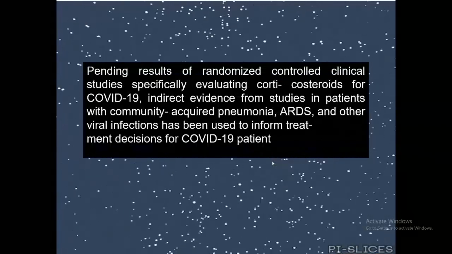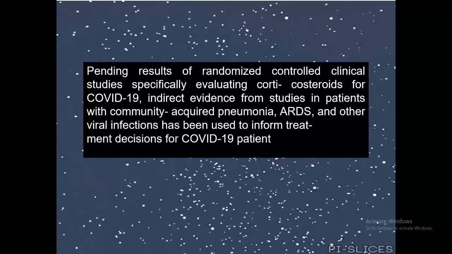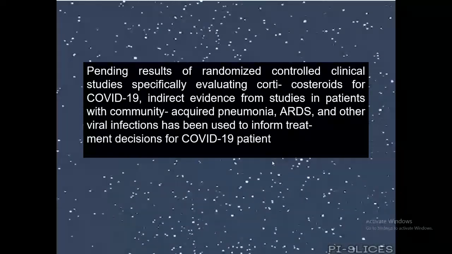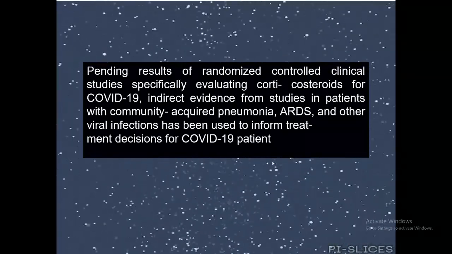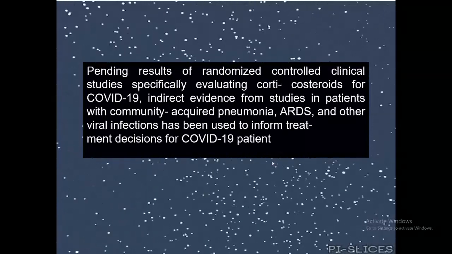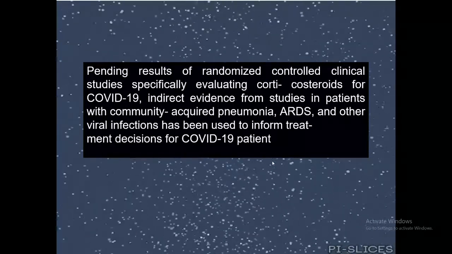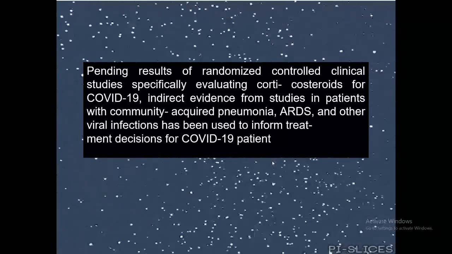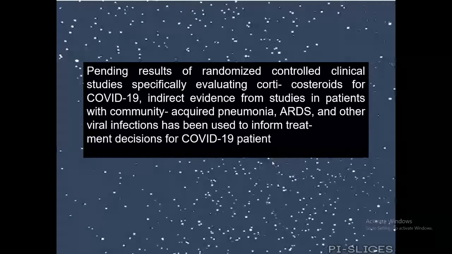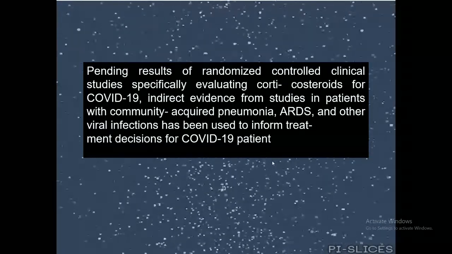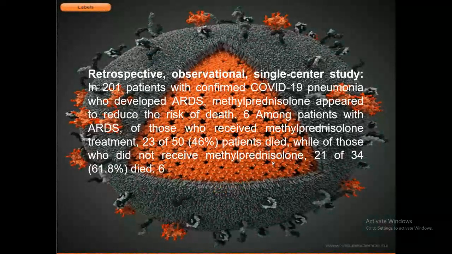There are also results awaited from randomized controlled clinical studies evaluating steroid, and indirect evidence from studies in patients with community acquired pneumonia, ARDS, and other viral infection has been used to inform us of the proper decision in COVID-19 patients.